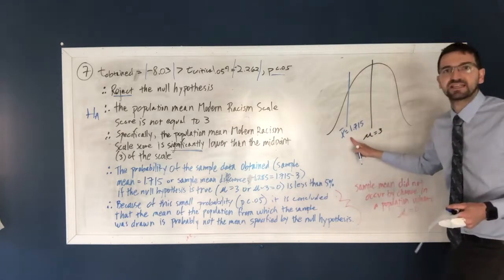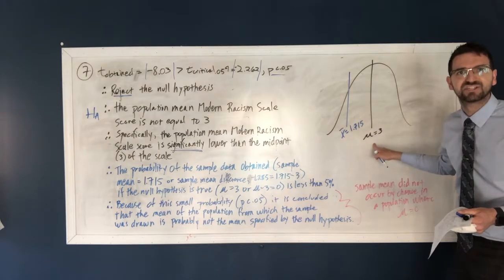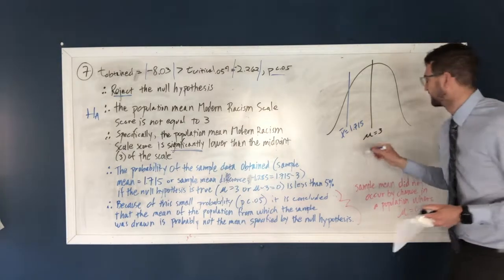So the probability of getting this sample mean if the population value is 3 is going to be less than 5%.